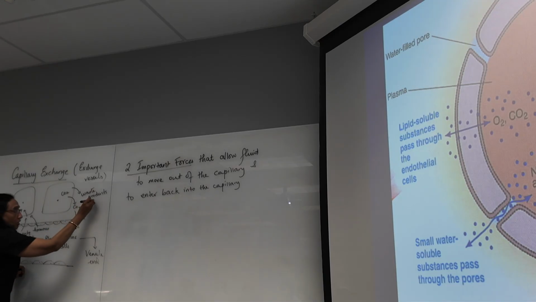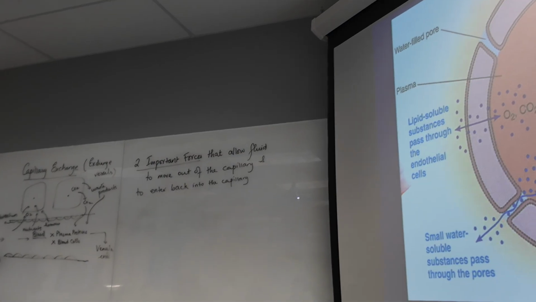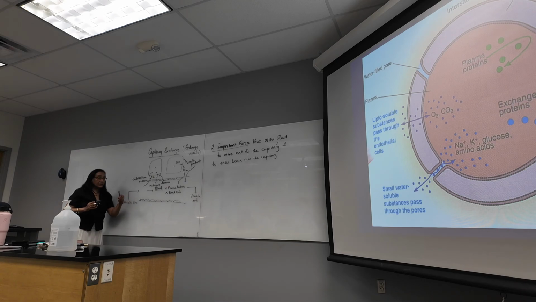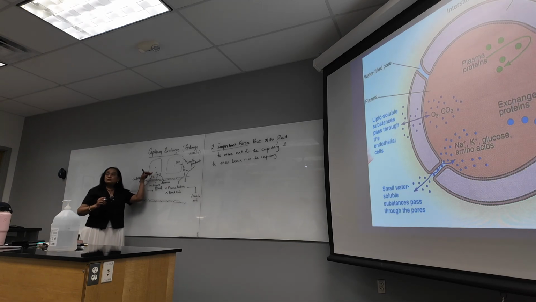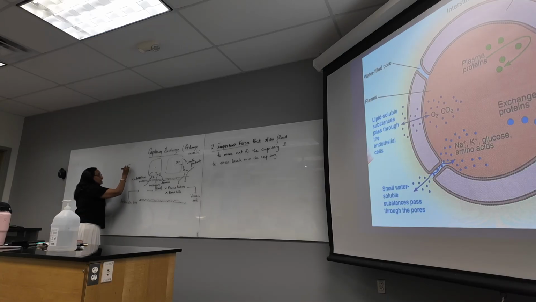These also have to be brought back into the blood so that they can be taken to the kidney and thrown out of the body. So this is what I mean by fluid moving out of the capillary and fluid moving back into the capillary.